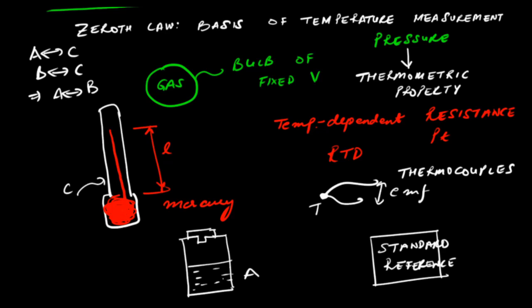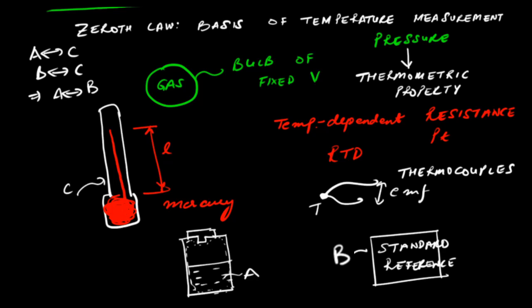Now this is my system B and the water in this thermos flask is my system A. So this is how we use the Zeroth law for temperature measurement.